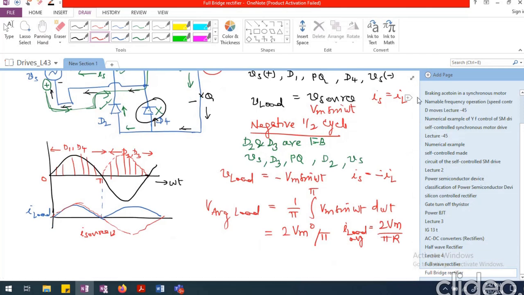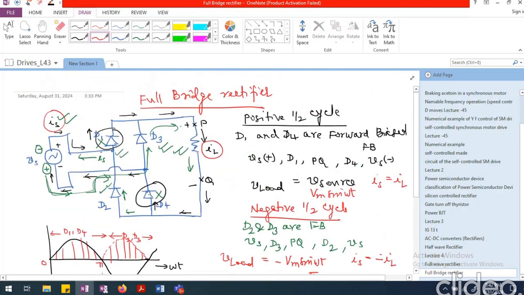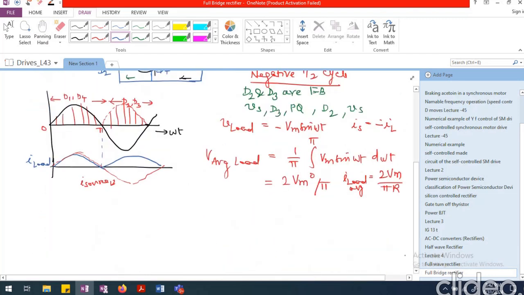Rather than this, if we have inductance along with resistance, that is R and L, again we will look at IR plus L di by dt equal to Vm sin omega t.